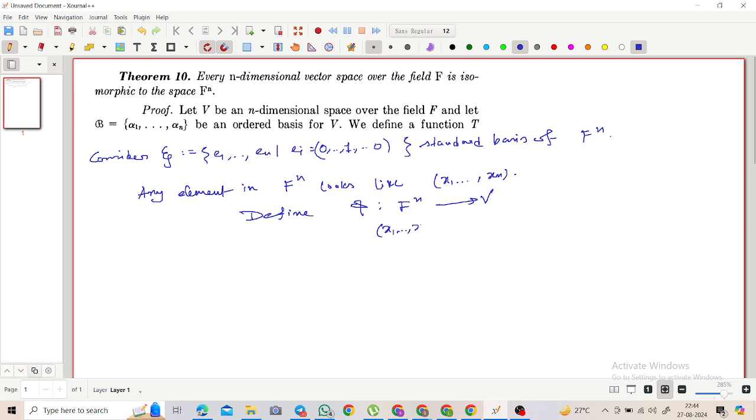You send x1 to xn to summation xi alpha i from 1 to n. Check that phi is an isomorphism. So this is pretty basic stuff.